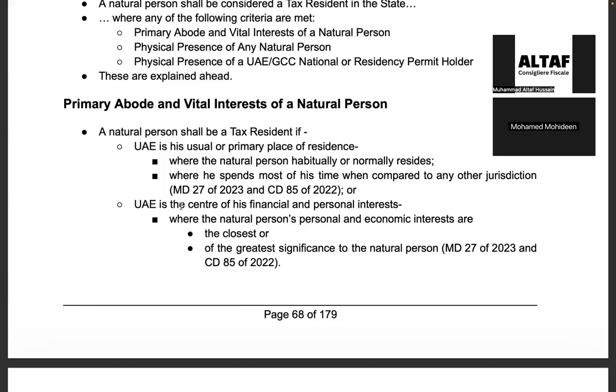That is where the double tax agreement will come into play, and they will try to analyze that this person has been living in Pakistan, so why are we not considering him as a tax resident in Pakistan? That's where, as a defense, that person is going to bring the double tax agreement. He's going to say, look, this is the double tax agreement which the government of Pakistan has signed, so whether you know it or not, please consider the clauses in there. And that's where the tiebreaker clause and all that discussion will start.